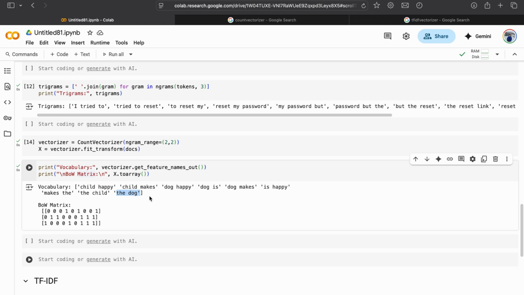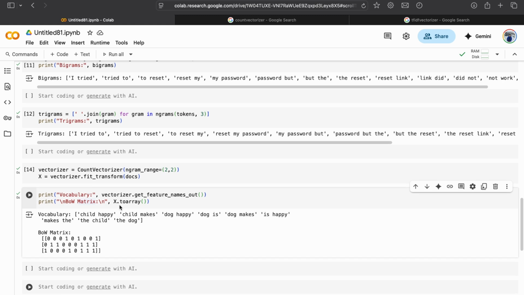If you are given this representation in this vocabulary, it will be easier for you to get back to the sentence. So that means we are losing less information as compared to the unigram. And if you use trigram, then you will have even less loss of information.